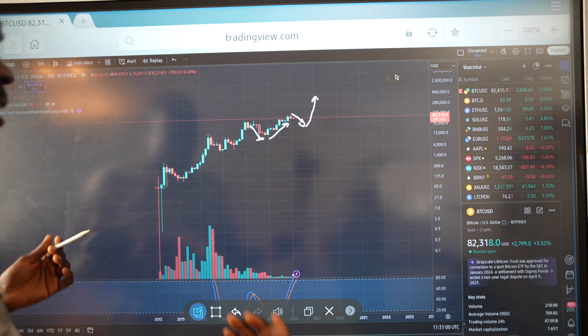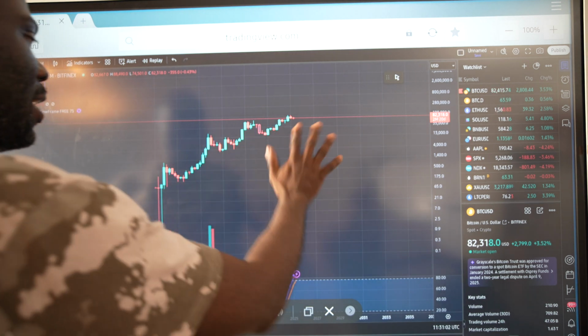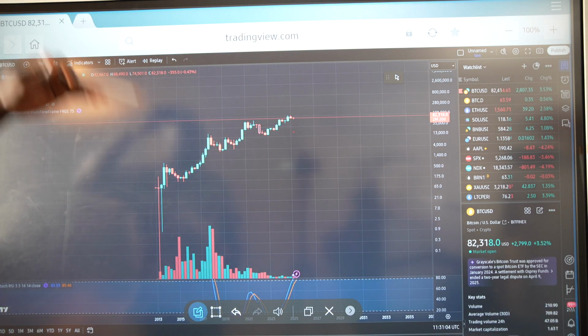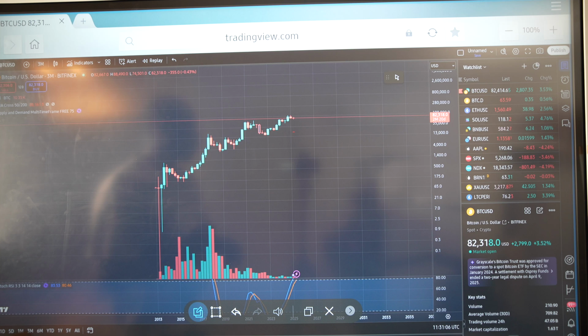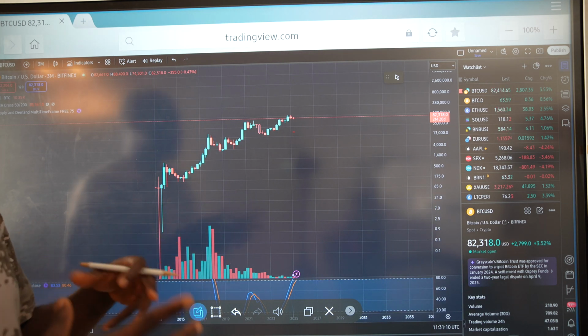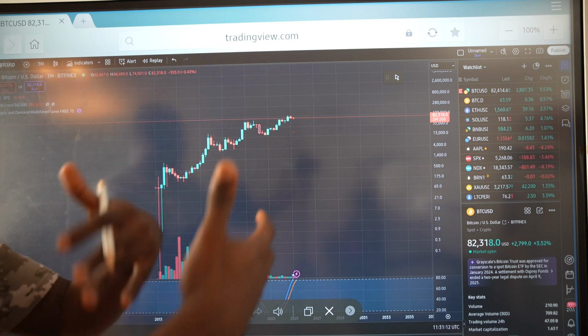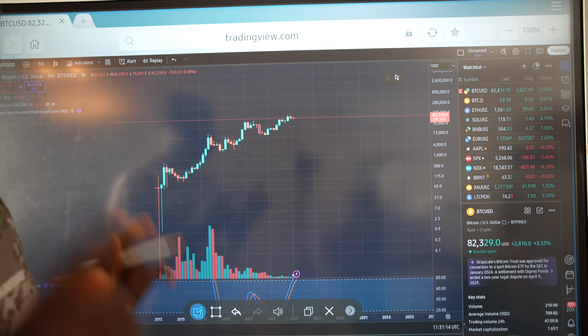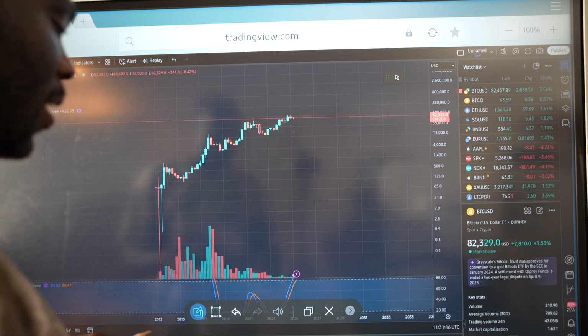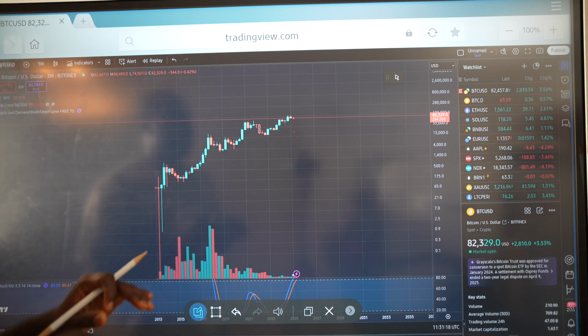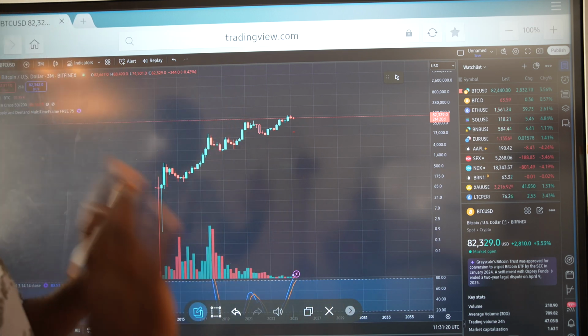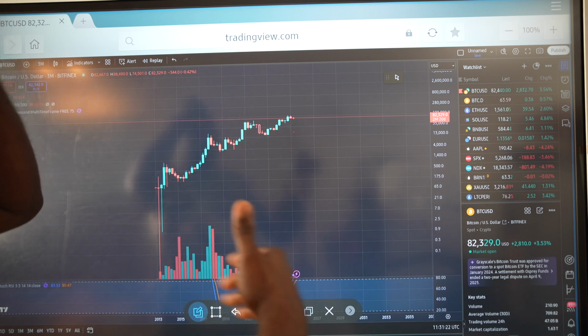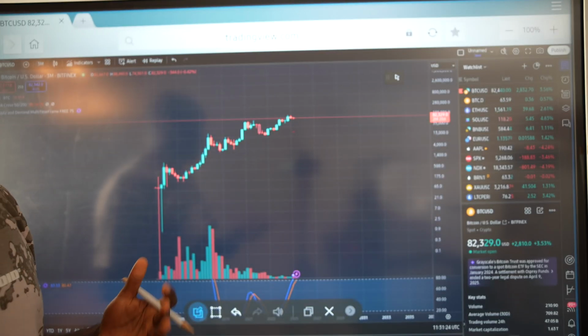But what we're seeing is that as the time frame goes from the higher level to a smaller level, you begin to get more information to work with, which means the chart begins to change in form to give you an idea of what could be going on, right? Now, in the higher time frames, everything still looks like we're okay, like we're still in an upward trajectory of some sort.